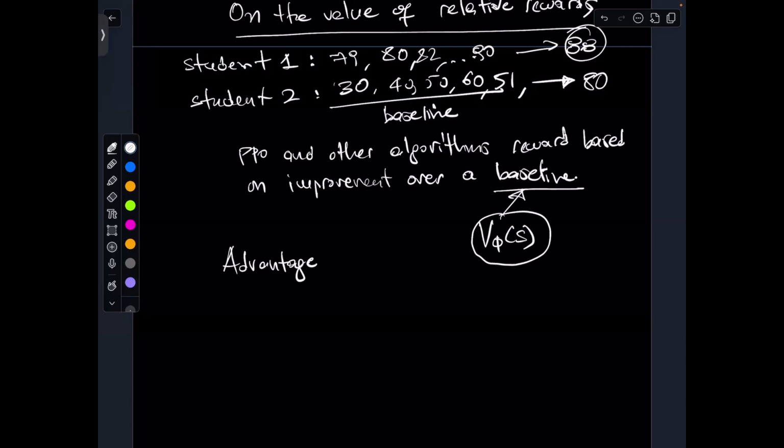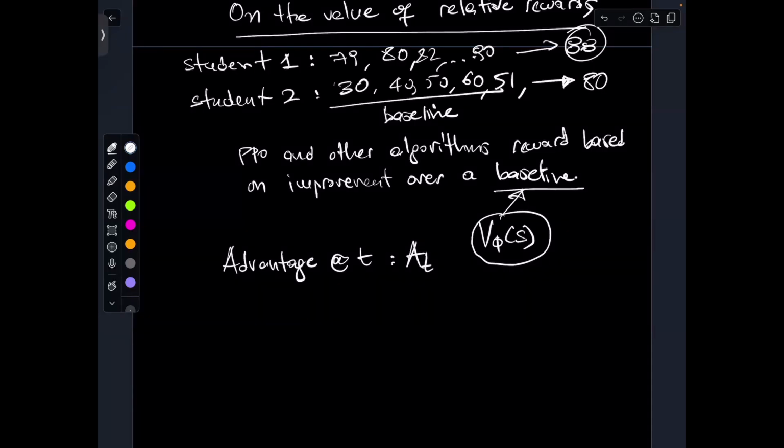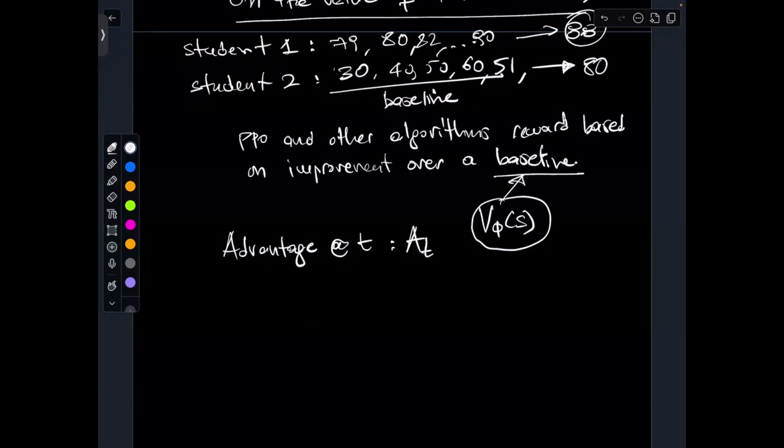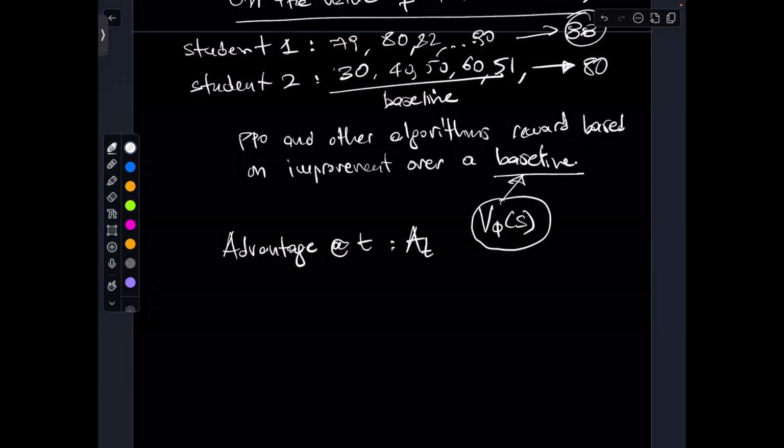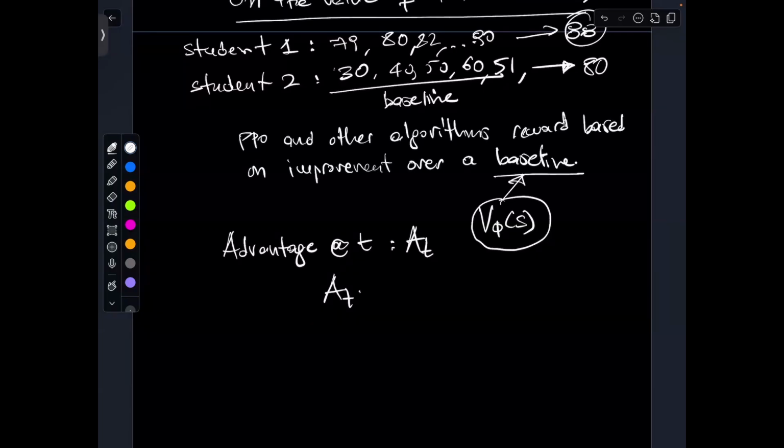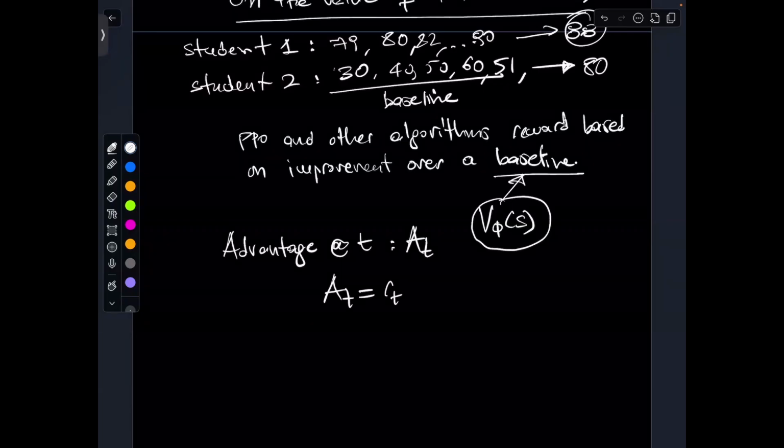And advantage at time t, where the grade was brought up, is going to be denoted by the letter capital A_t. Okay, we have not used capital A up to this moment in time. So the advantage A_t is equal to R_t minus V_phi of S_t.